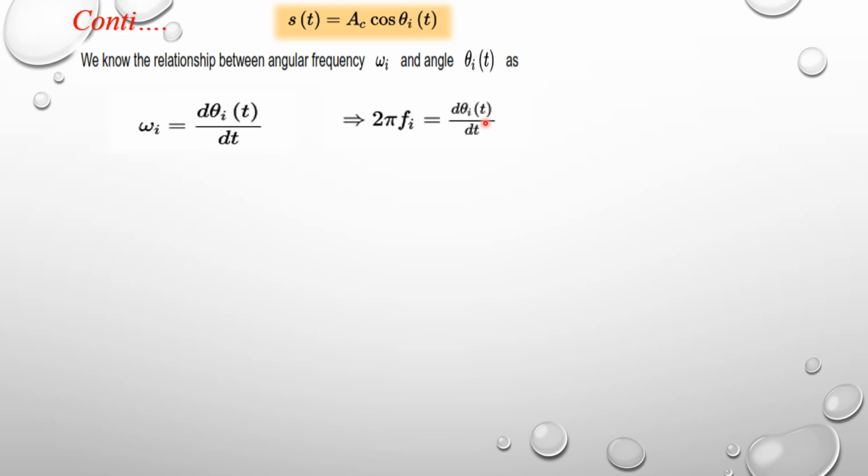So our main intention is to find out θi(t). Here θi(t) is in the form of a differentiation, and we have to extract θi(t). So we take the integration on both sides.